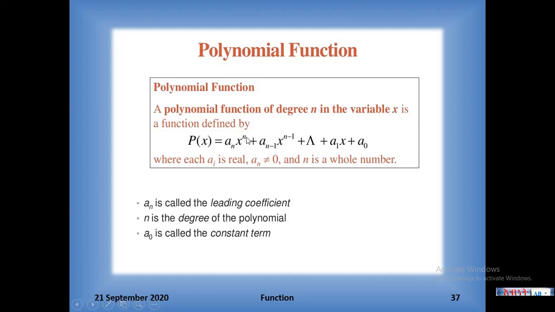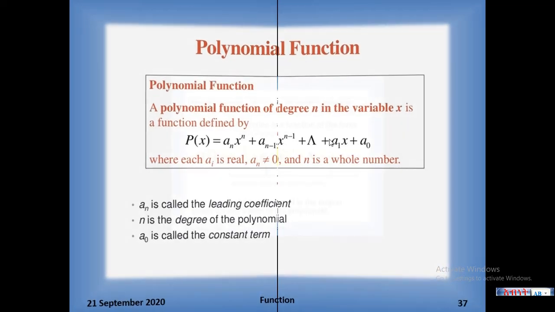So this n is a natural number, or we can say whole number, because 0 can be a degree. This n is a whole number. This is the standard form of a polynomial function.